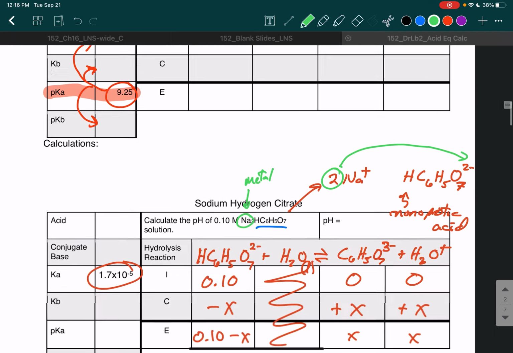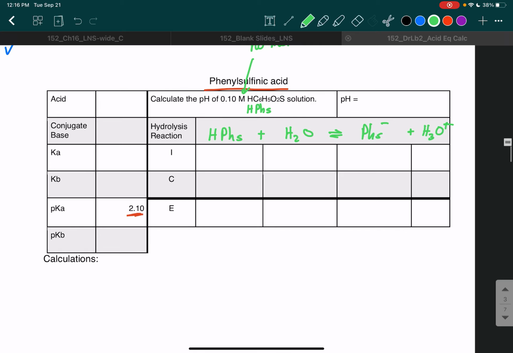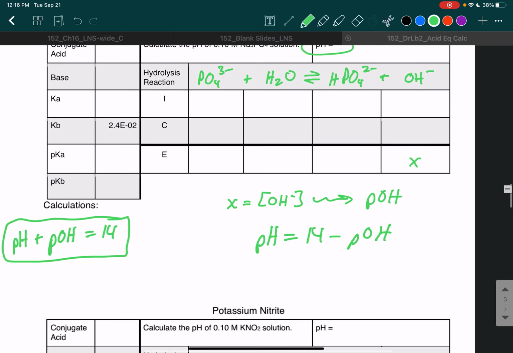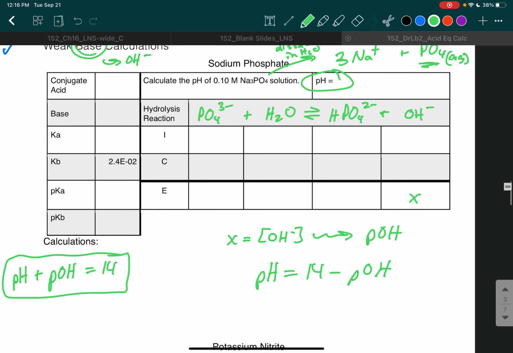Let's do a problem that relates to these. I will say this: some of these examples, like this one, you could do without further instruction. Once you see this ICE table problem that I've cooked up here, the Kb is given in this one, so you could actually do that calculation if you wanted to.